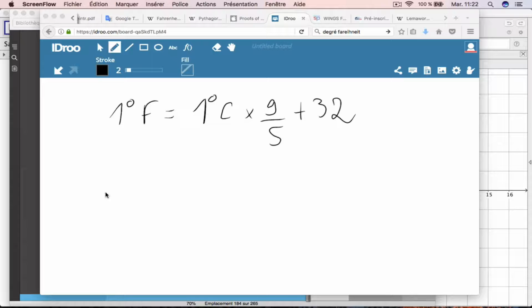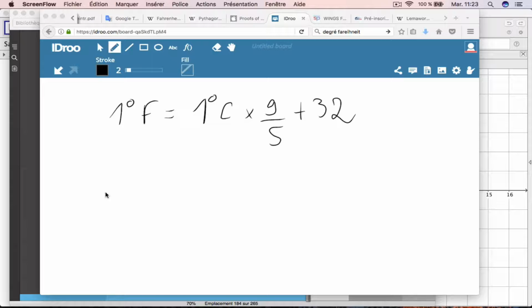So here is a link between these two quantities. 1 degree Fahrenheit equals 1 degree Celsius times 9 on 5 plus 32. Donc 1 degré Fahrenheit est égal à 1 degré Celsius multiplié par 9 sur 5 plus 32.